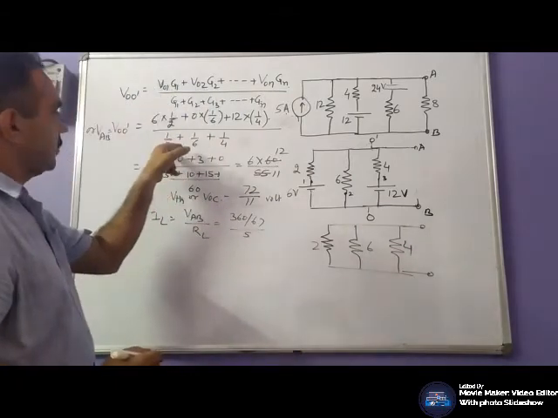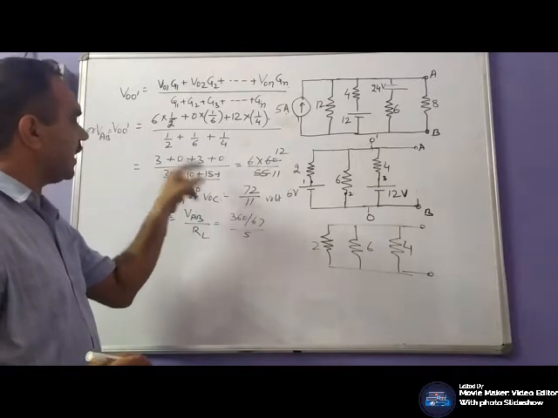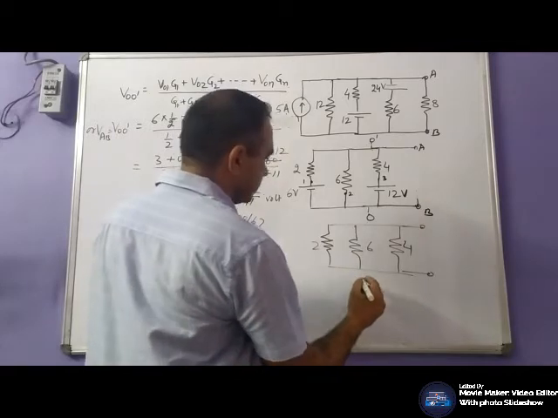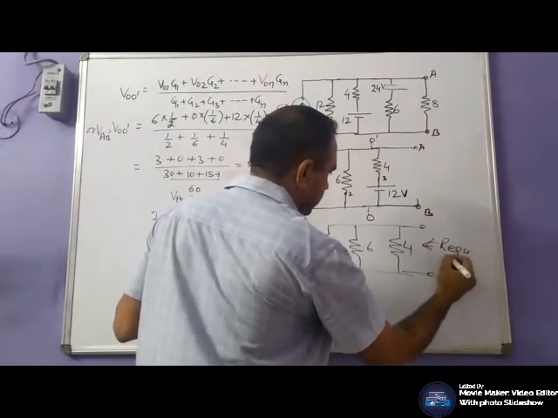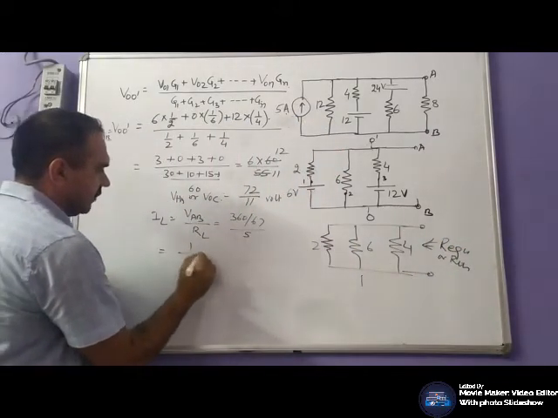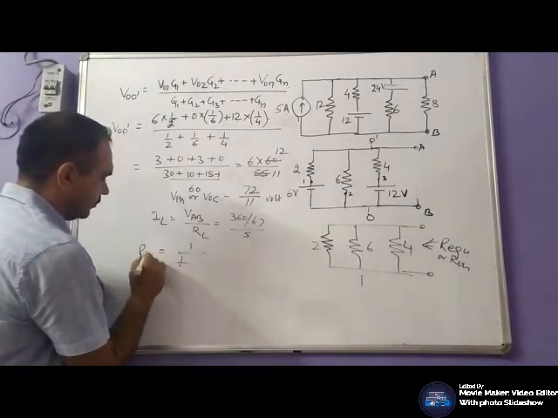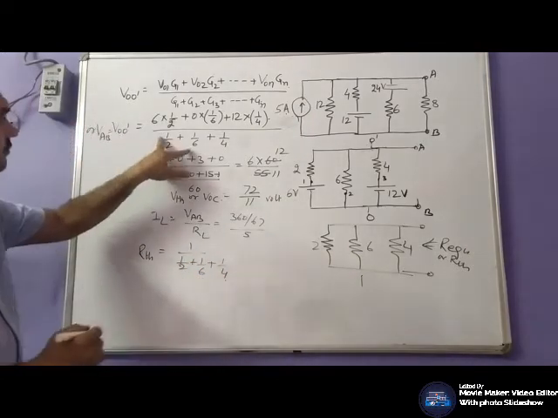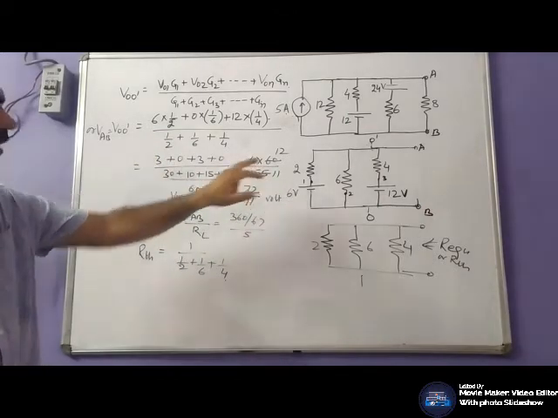And 1 by 2, 1 by 6, 1 by 4, equivalent resistance was 55 by 60. R equivalent or R Thevenin would be 1 by 2 plus 1 by 6 plus 1 by 4, same, and it comes out to be 55 by 60.